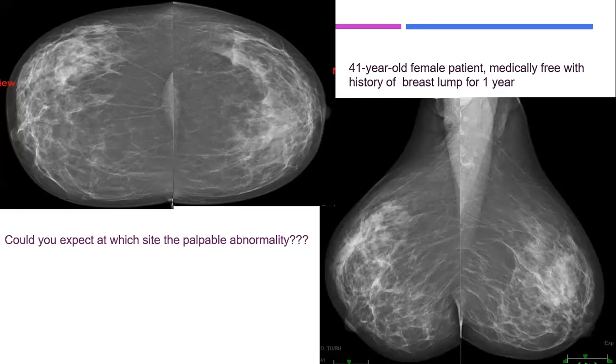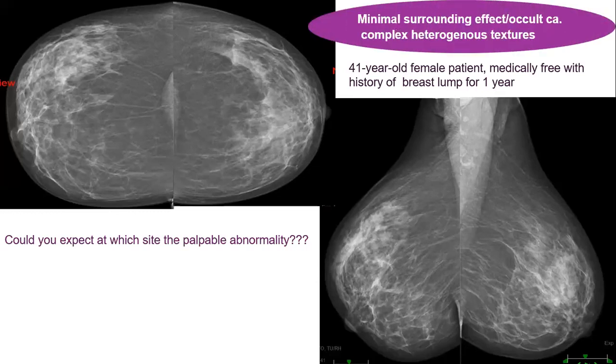In this parenchyma, you can see more fat than fibroglandular breast density. But this parenchyma is very complex, making it difficult to appreciate any underlying lesions. The lesion's effect on the underlying normal parenchyma is subtle, giving minimal effect.